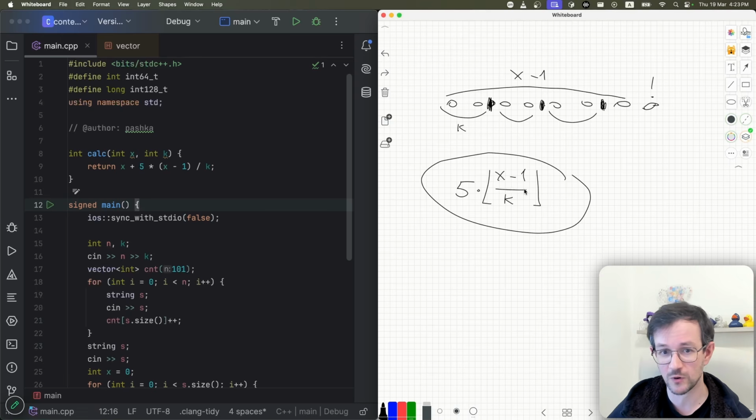Now find the mistake in the program. Spoiler: the formula is correct. The program is incorrect. Can you see the mistake?